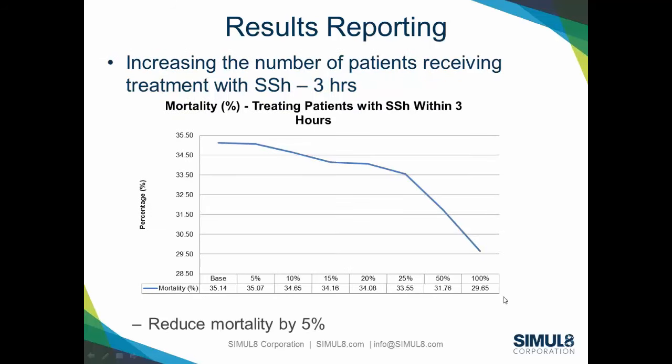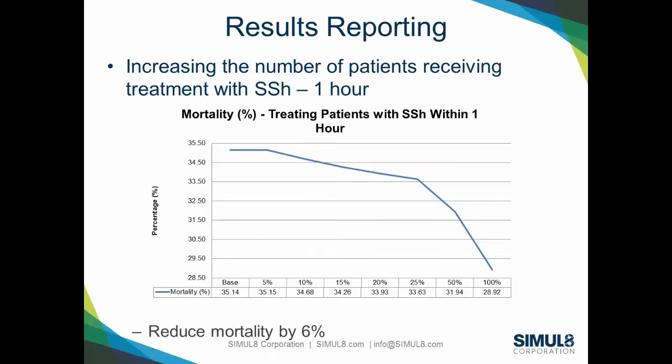And if you bring that forward to 3 hours, so treating those patients within 3 hours, you can bring that mortality rate down to 29.65%, so you're reducing by 5%, and again by 6% if you treat within 1 hour.